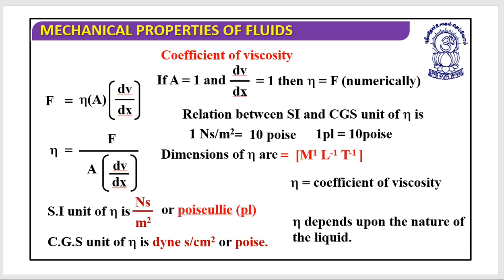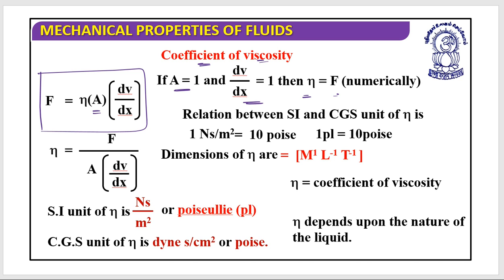So let's discuss what the coefficient of viscosity is. We have this relation from Newton's law: F equals eta into A into dv by dx, where dv by dx is the velocity gradient. Numerically, if A equals 1 and dv by dx equals 1, then the coefficient of viscosity equals the force.